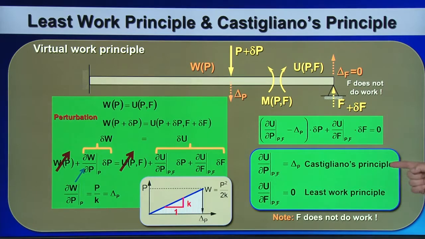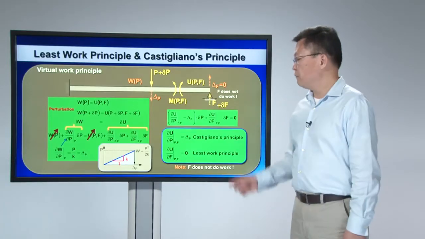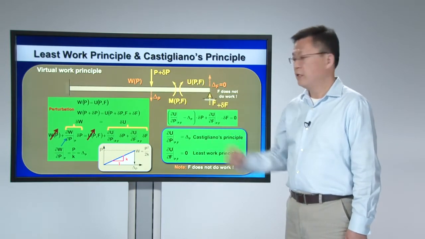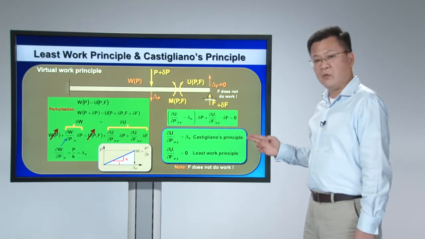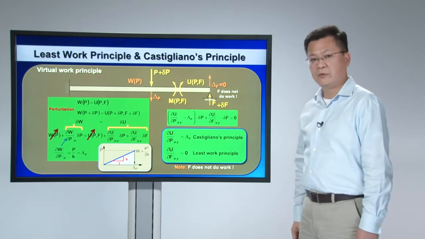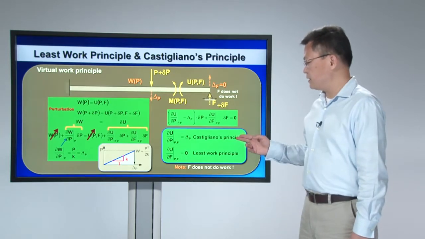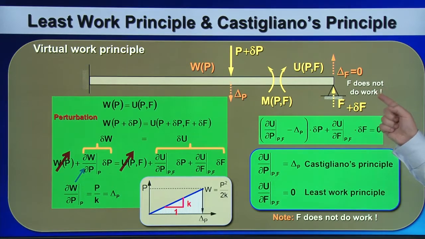So here we have Castigliano principle from the first equation, and then we have the least work principle from the second equation. So from this virtual work derivation, we can establish both Castigliano principle and least work principle together. The key here is F is a force that does not do any work on your structure.